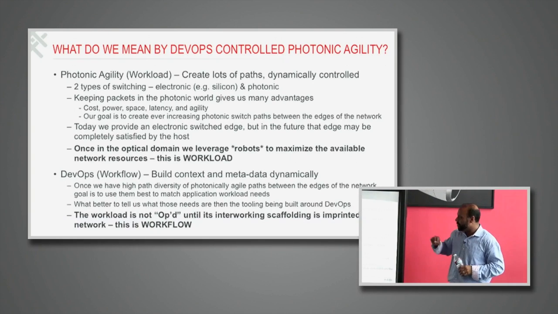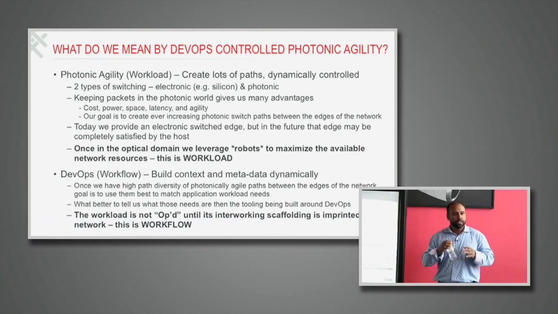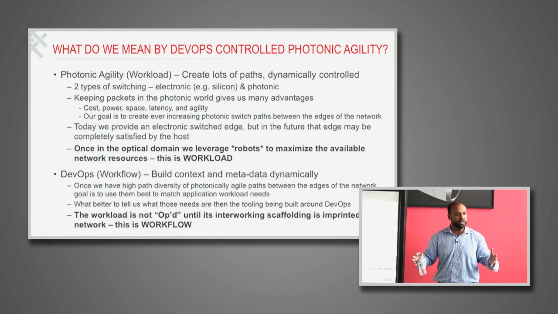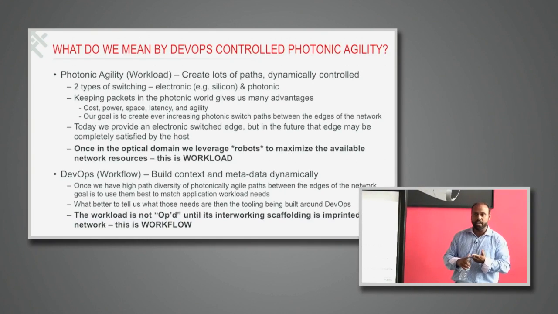So the workload and workflow metaphor work like this. In the photonic agility, our goal is to create lots of physical paths. Our belief fundamentally, as Dave talked about two types of switching, electronic and photonic, is that ultimately, in the fullness of time, electronic switching starts to move to the edge of the host of the network. We've got lots of cores. We've got a very capable vSwitch.